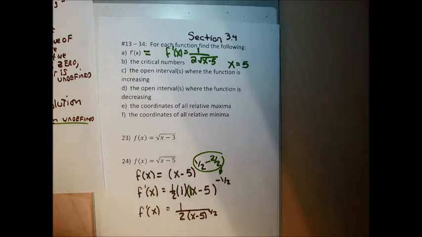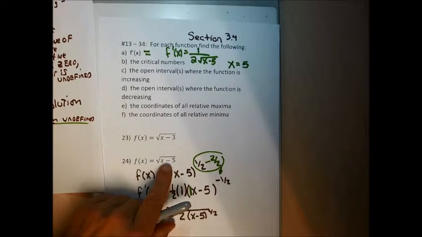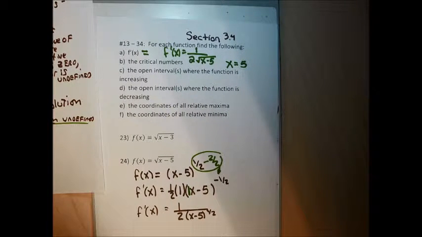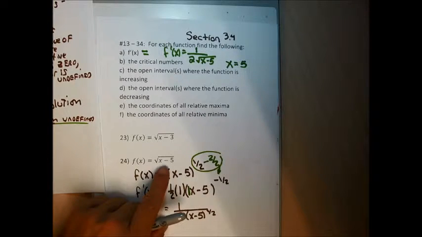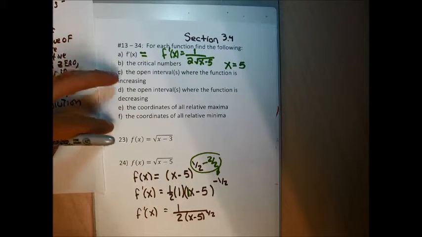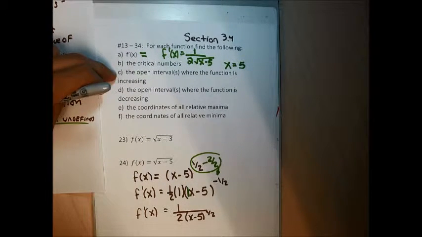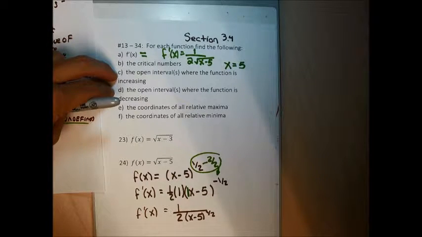Regardless of how I'm getting the answers to C, D, E, and F, I have to understand something about square root functions. Square root functions have restricted domains, meaning they don't have domains from negative to positive infinity. And the restricted domain is going to show up in my answers to where the function is increasing and where the function is decreasing.